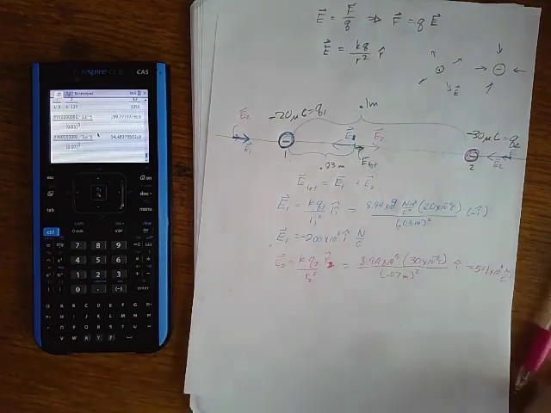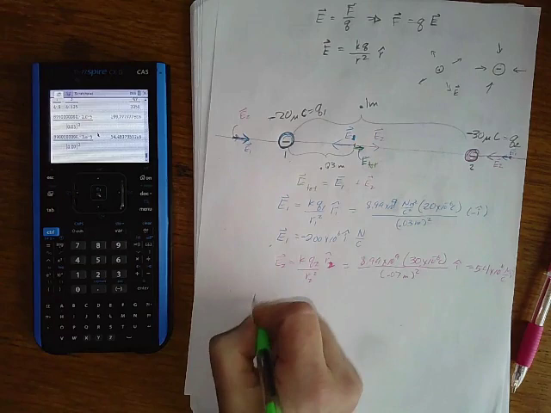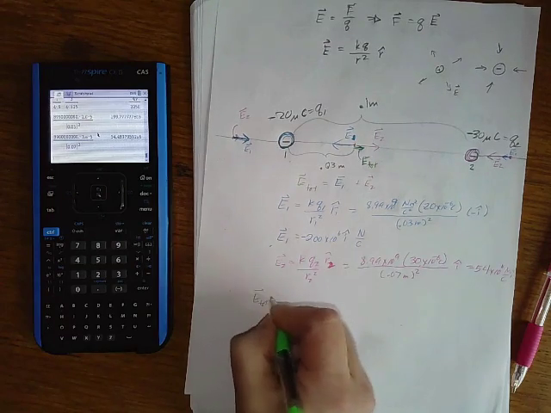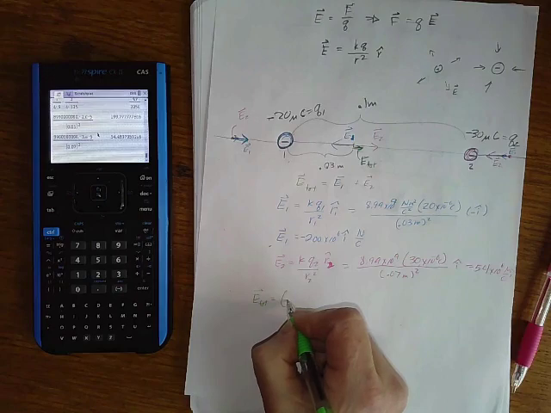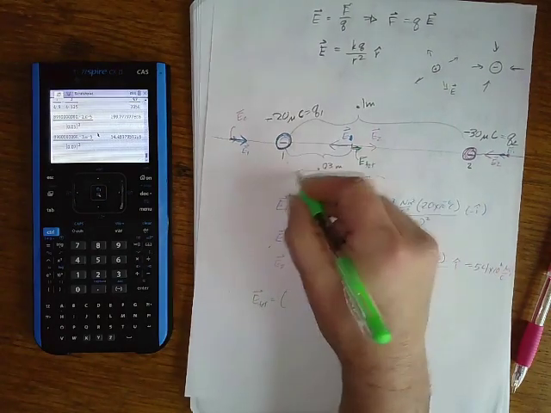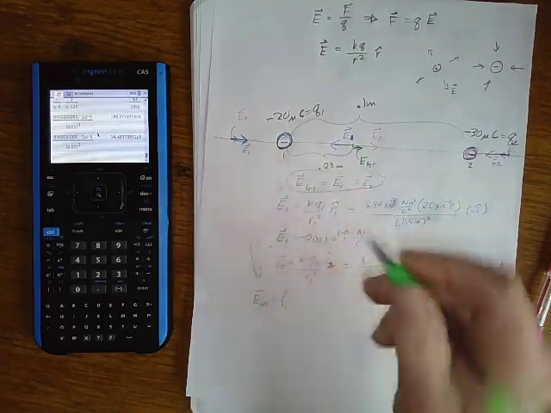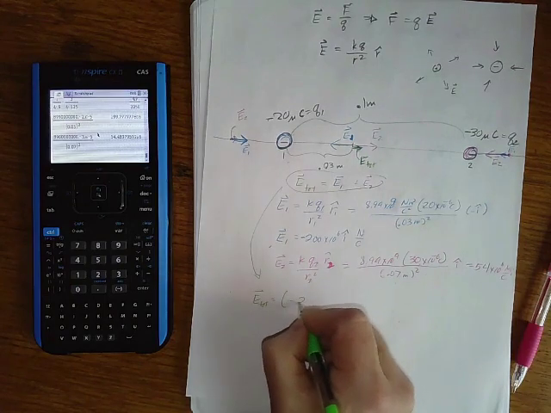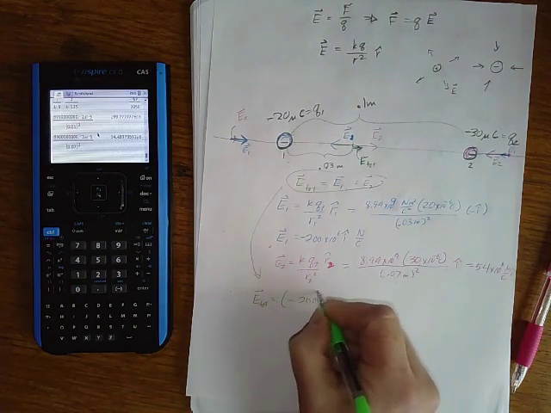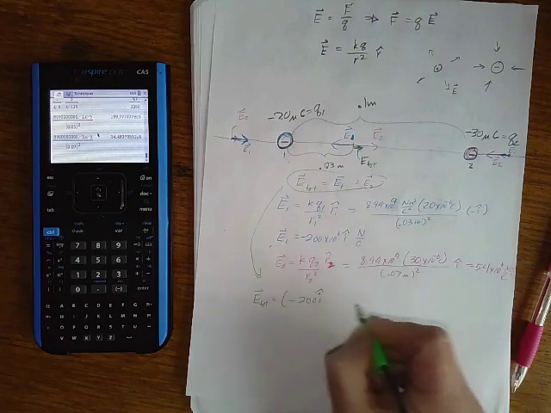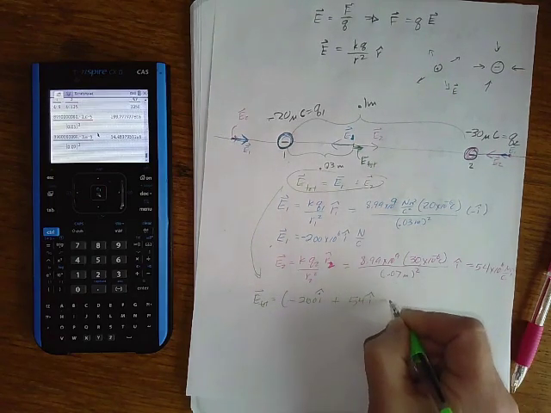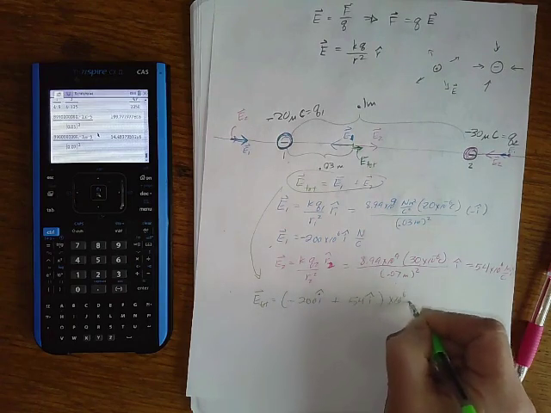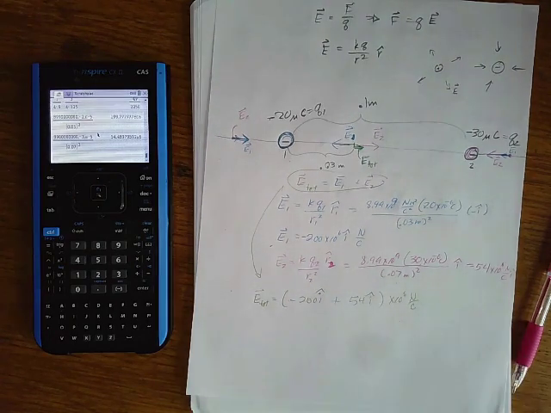All right, so then E total is going to be E1 plus E2, like we have up here, negative 200 i hat plus 54 i hat, all these times 10 to the 6th newtons per coulomb, so meganewtons per coulomb if you want to say it that way.